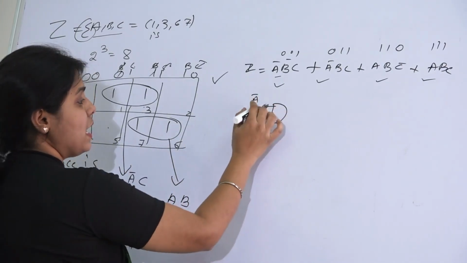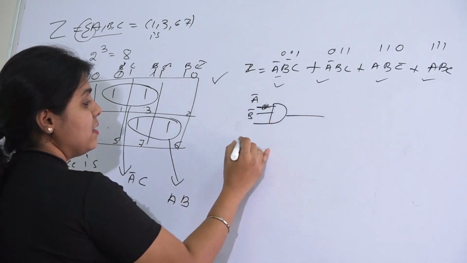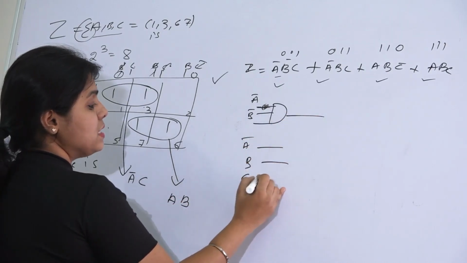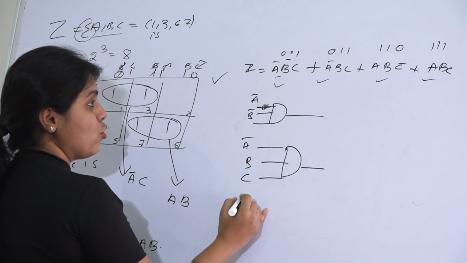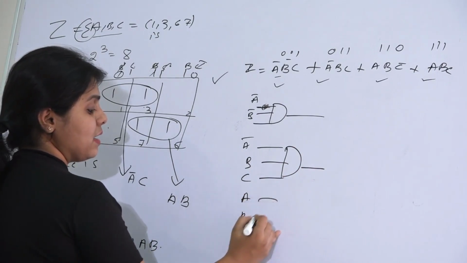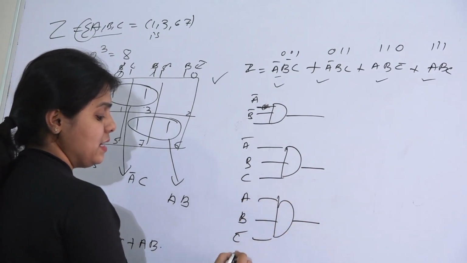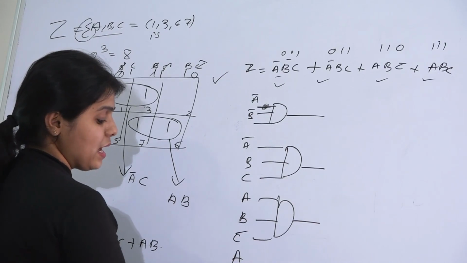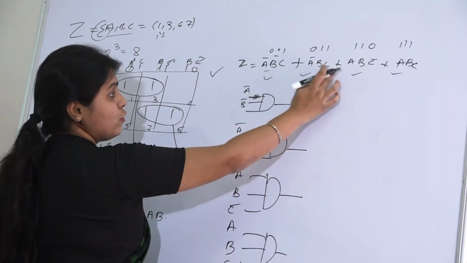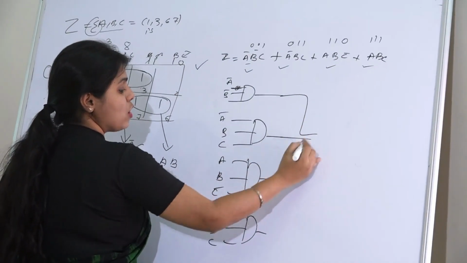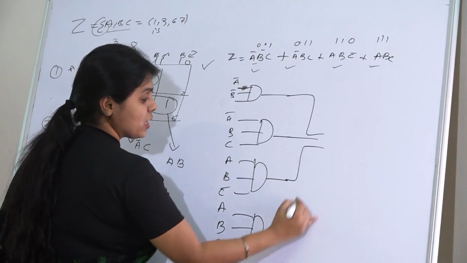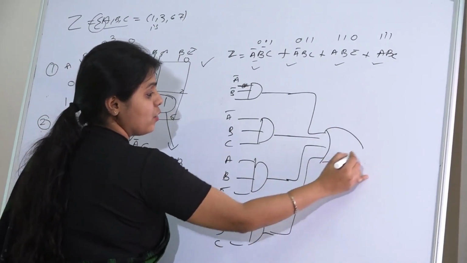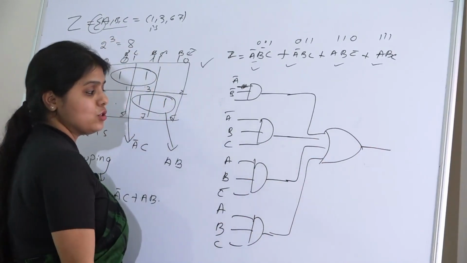Then a bar b c, another AND gate, and a b c bar another AND gate, and a b c another AND gate, and all of them are ORed together. All these min terms are ORed together, and for ORing I use OR gate. For addition I use OR gate.